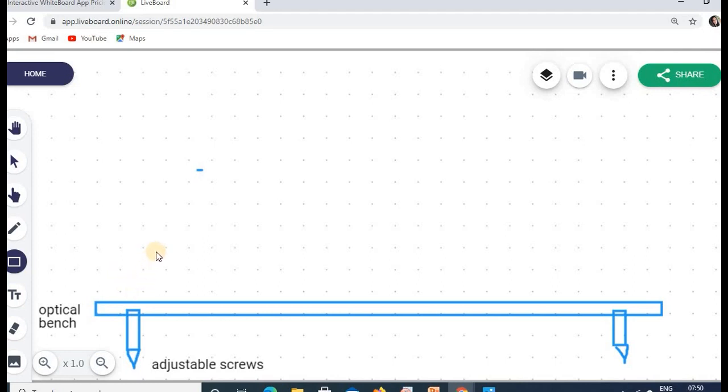The first upright is, I need a slit. This is the first upright, and this is the second.